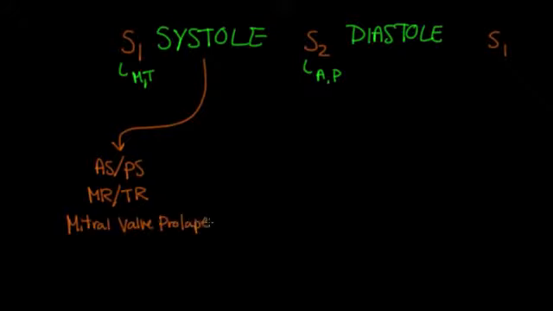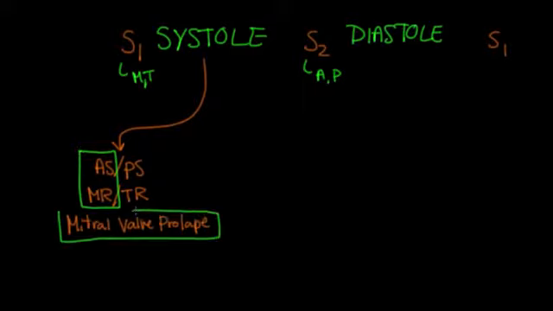The ones that we're going to talk about today are the left-sided valvular conditions, so the aortic stenosis and the mitral regurgitation, as well as the mitral valve prolapse. And I just realized that I misspelled prolapse, and so we're going to fix that.